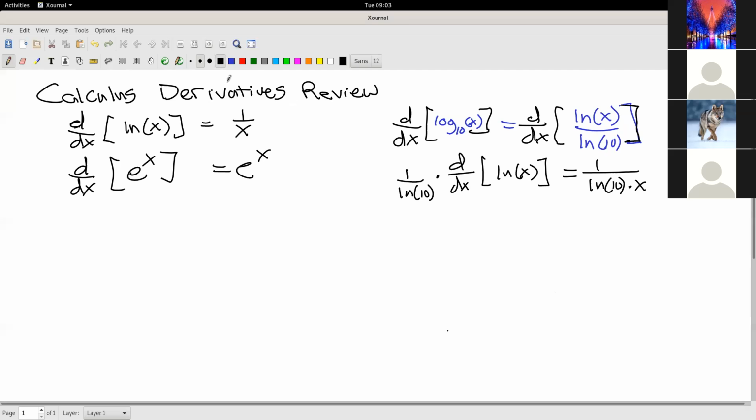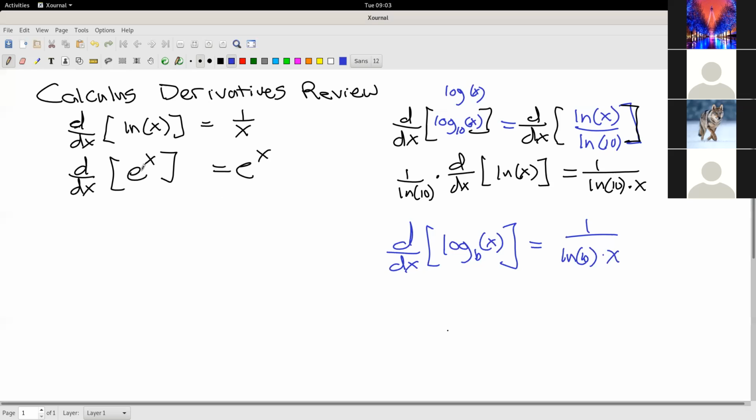It doesn't really matter what that base was. In general, if we take the derivative with respect to x of log of any base b, because of the change of base formula, that's going to end up being 1 over the natural log of the old base times x. And reminder, log base 10 is often written as just log of x.